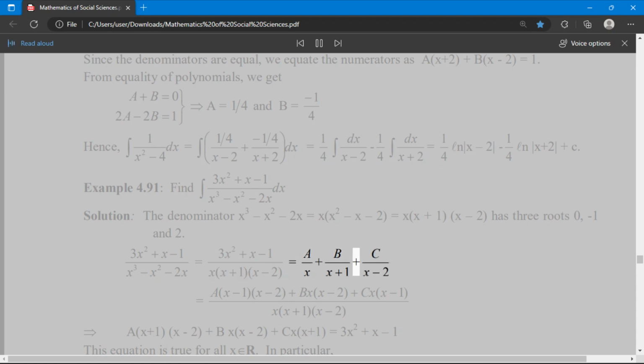So (3x^2 + x - 1)/(x(x + 1)(x - 2)) = A/x + B/(x + 1) + C/(x - 2). Equating numerators, A(x + 1)(x - 2) + Bx(x - 2) + Cx(x + 1) = 3x^2 + x - 1. This equation is true for all real x.